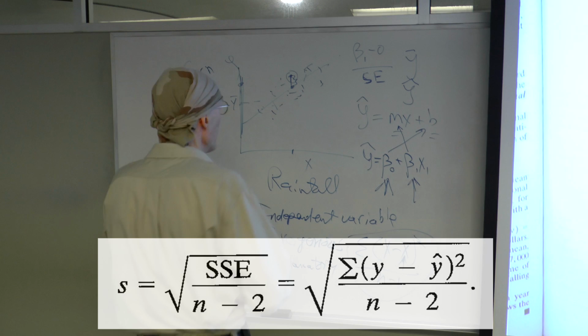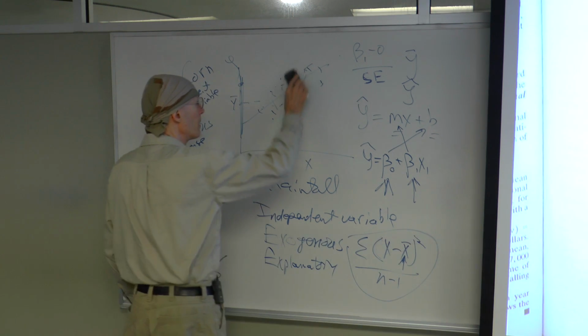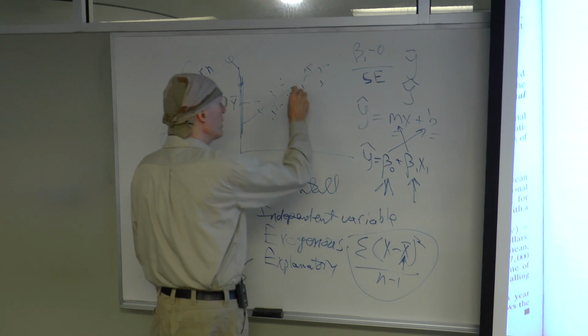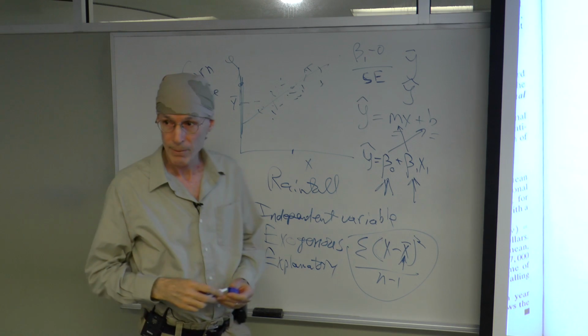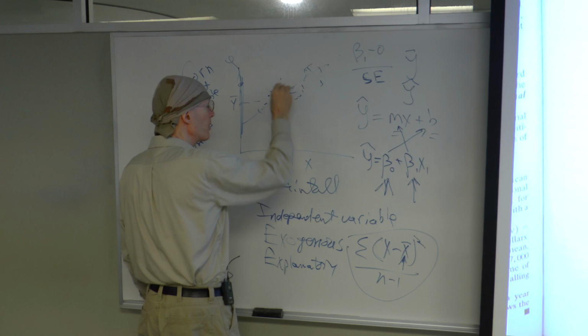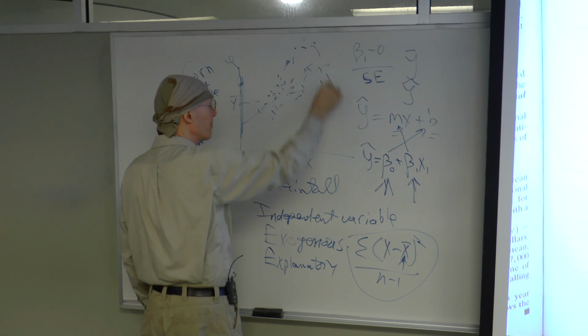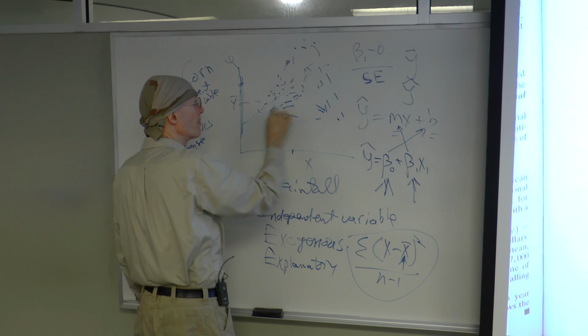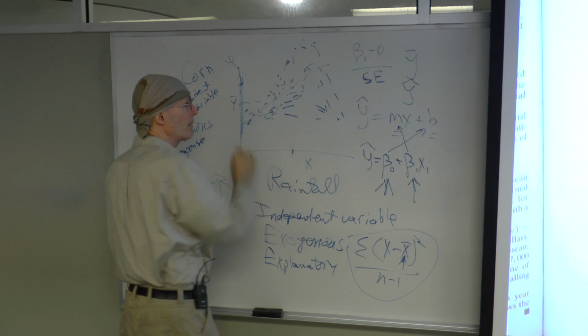There are situations where it's not constant, and we have to do some things a little differently when it's not. But we're assuming it's not going to look like this. Does everyone see here?